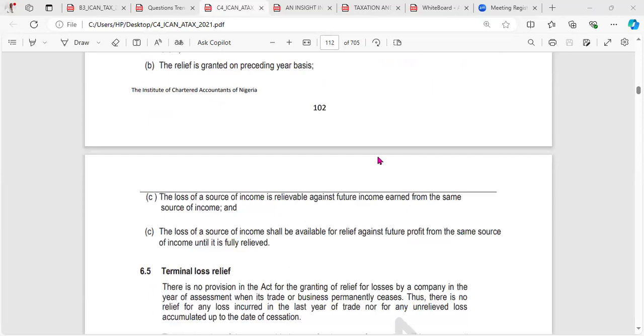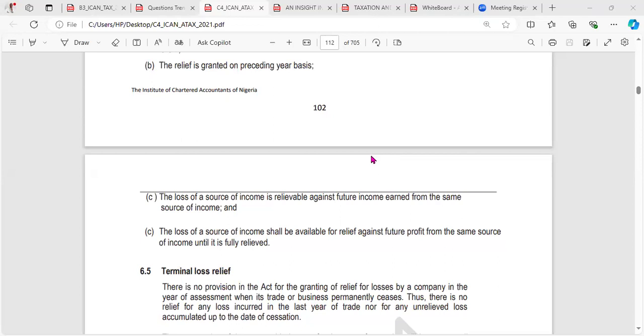Thirdly, the loss of a source of income is relieved against future income from the same source. The loss of a source of income shall be available for relief from the same source whenever there is an income until it is fully relieved.